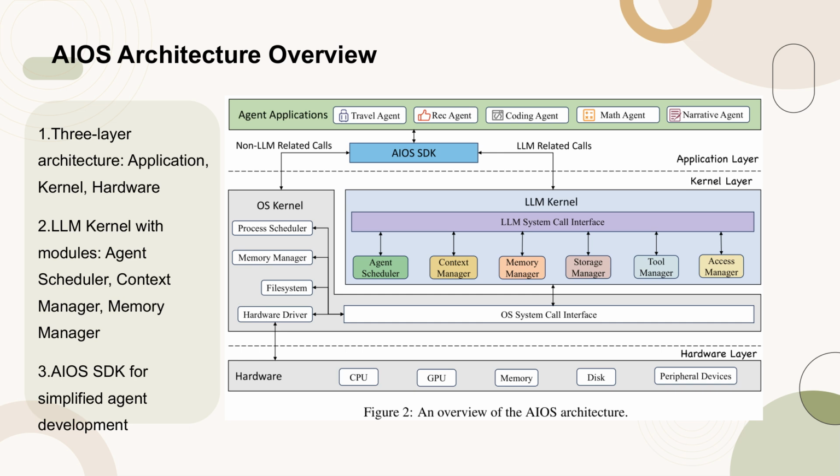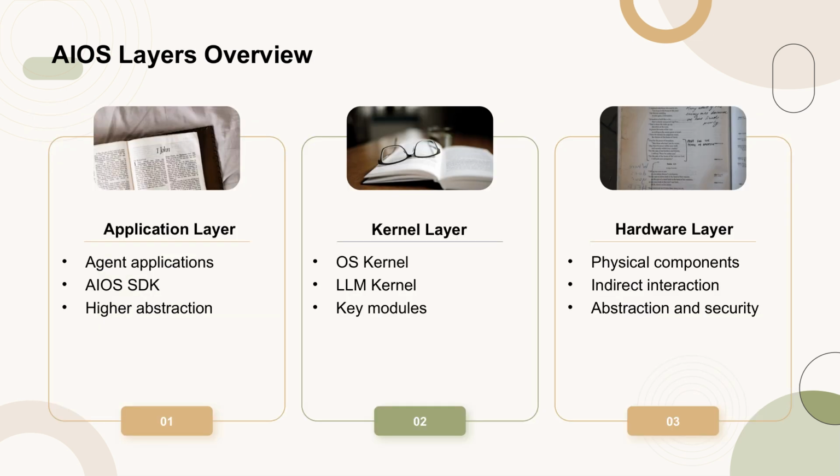The hardware layer consists of physical components like CPU, GPU, and memory, managed indirectly by the LLM kernel through the OS system calls. In the application layer, agent applications like travel agents and math agents are developed using the AIOS SDK, which provides a high-level abstraction of system calls, simplifying development.